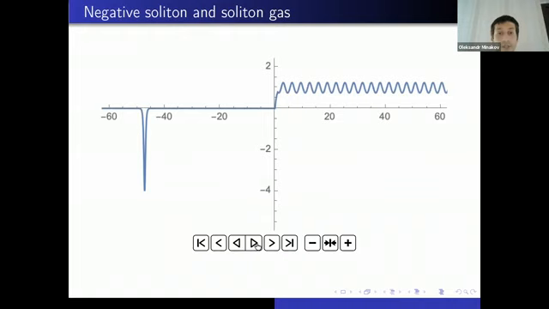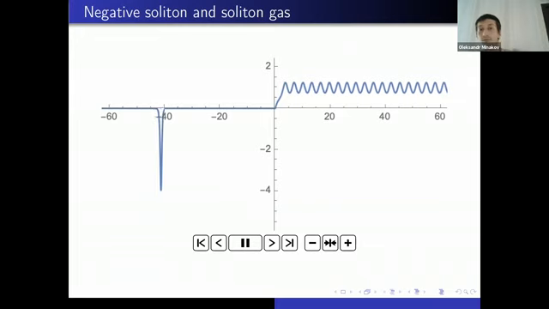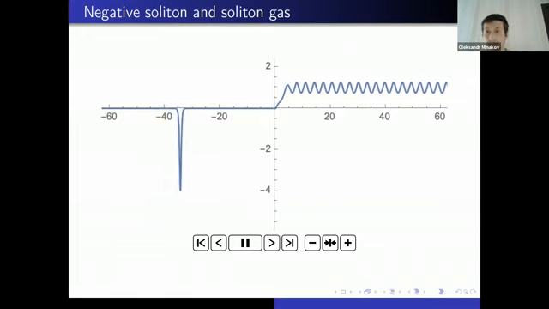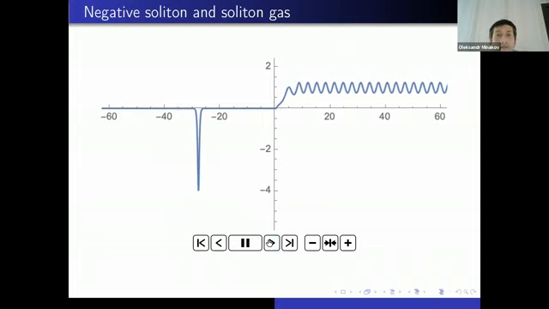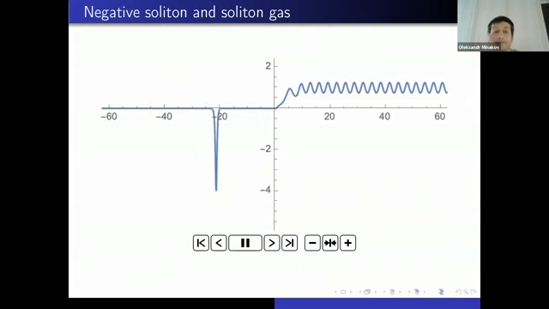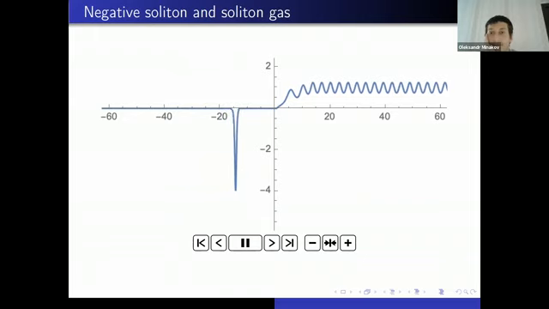Here in this picture we can see a similar situation, but with a negative soliton which interacts with the same wave. Okay, it takes time.